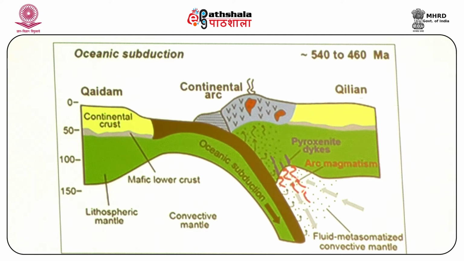So, what happens is that this is part of the mantle which is convecting, and then this is also bringing some of the melts. We can see that peridotite dikes are here, and then these fluids. As these fluids are released from the subducting oceanic crust, this area becomes enriched.